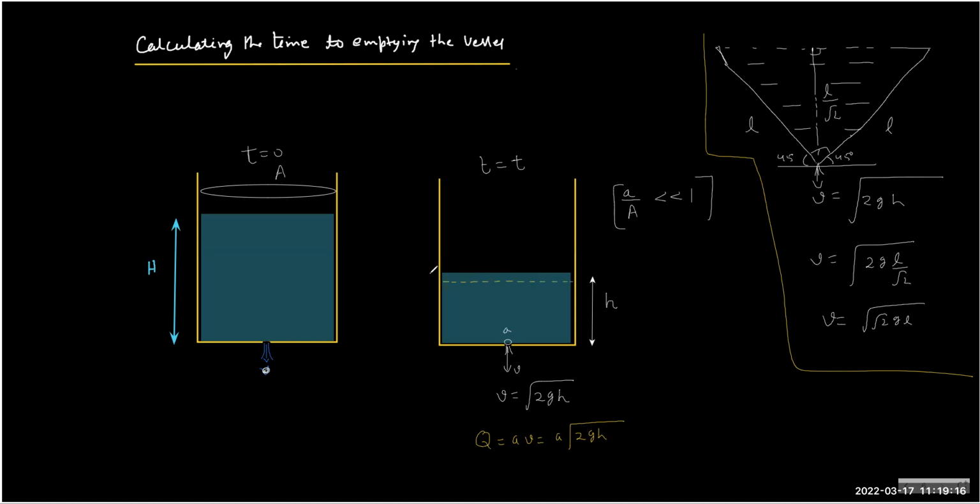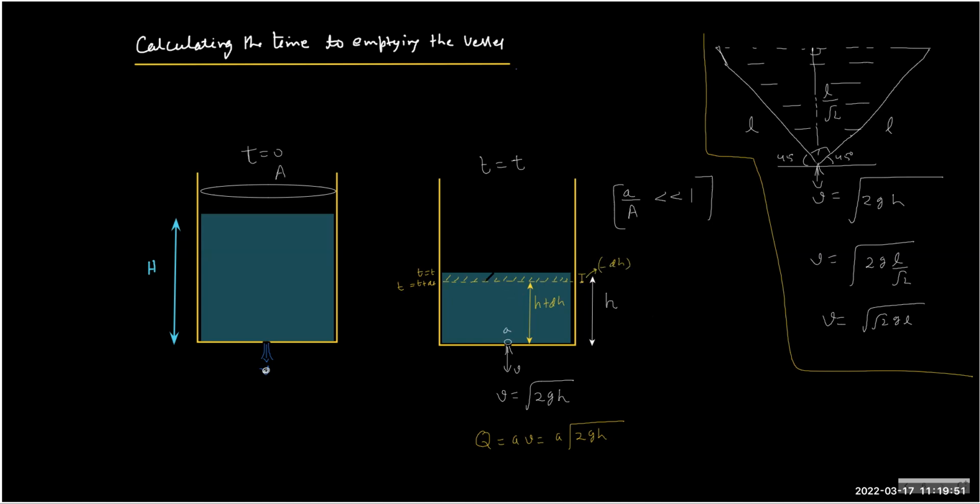So let's say this is at t equals t, and then at the very next time t plus dt, this will decrease. So if the height was initially h, what can we assume? Let's say this new height is h plus dh. So how much water has left? dh. No, this is minus dh. Minus.